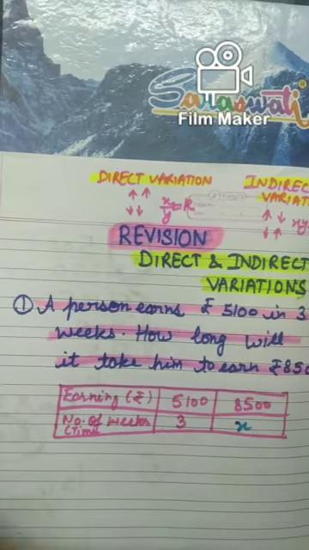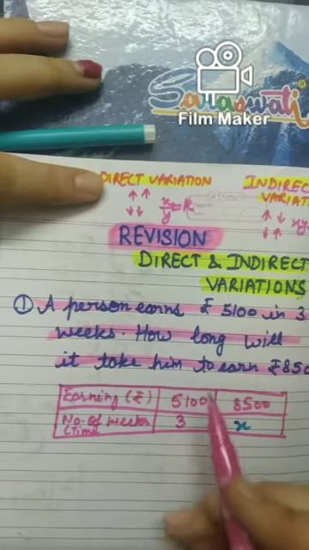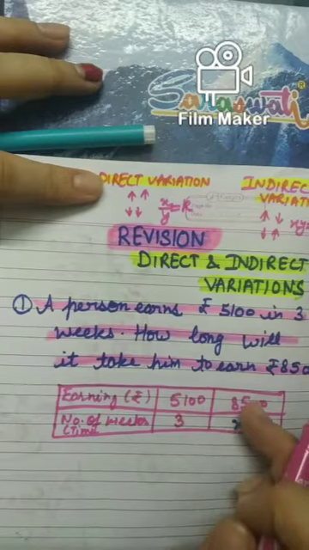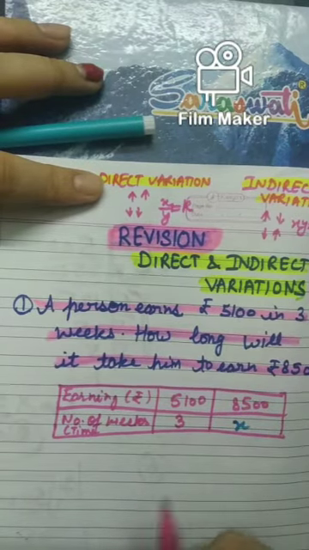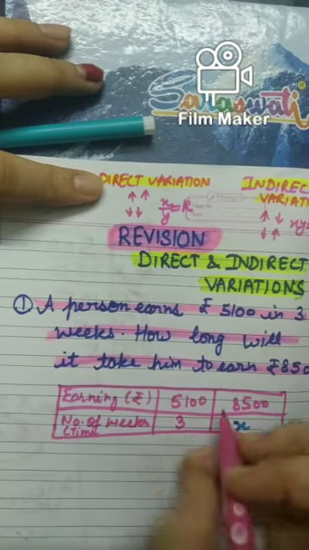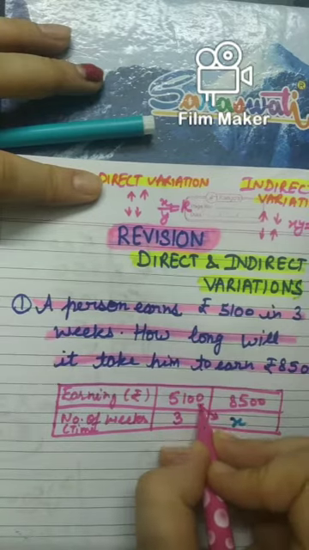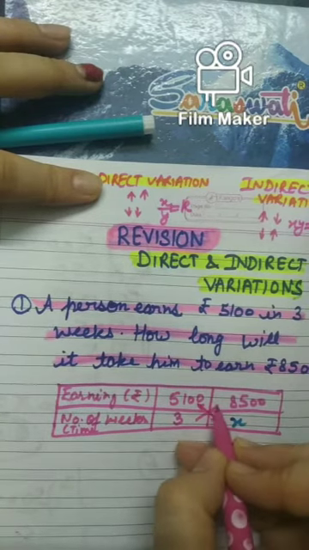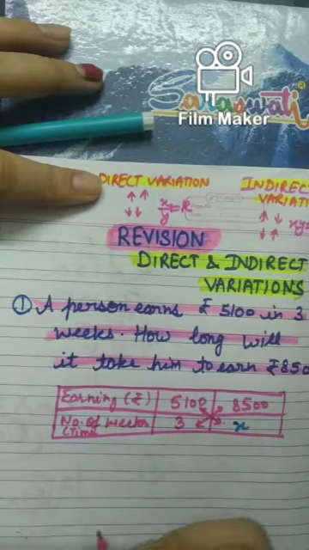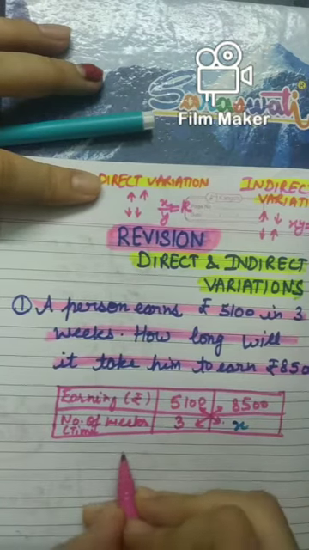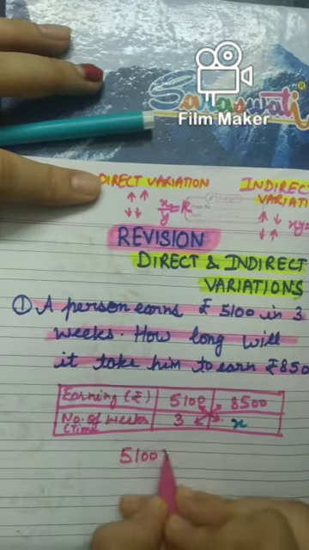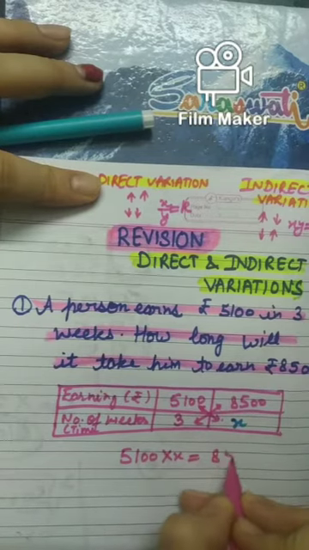Okay, beta, because this is a question of direct variation, this upon this is equal to this upon this by definition. And if their ratios are same, I can do their cross multiplication. Means multiply this and this, and multiply this and this, and keep them equal. So you will be able to find the value of x. So I am doing 5,100 into x is equal to 8,500 into 3.